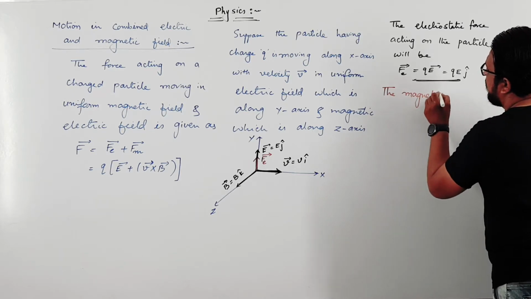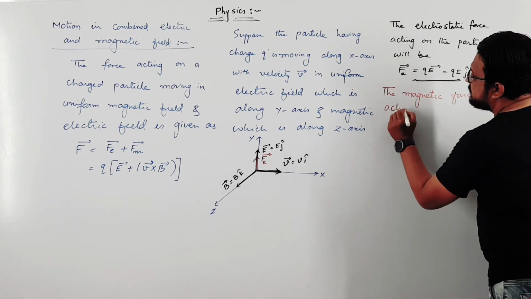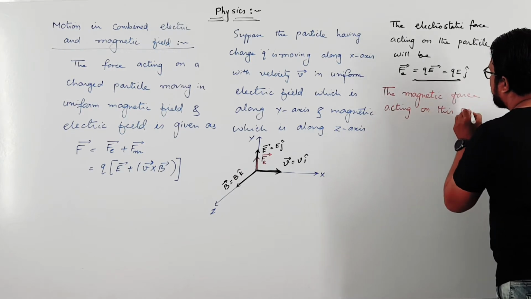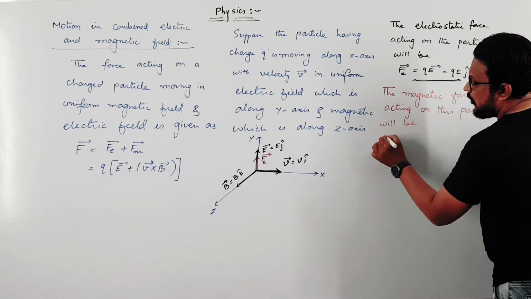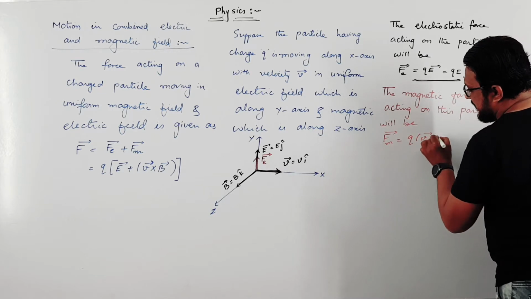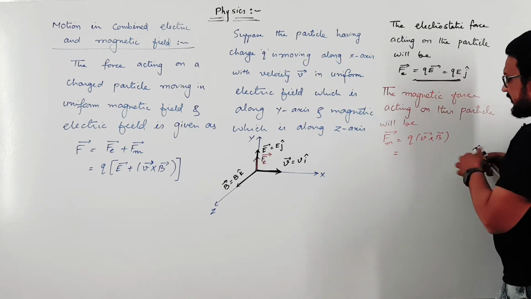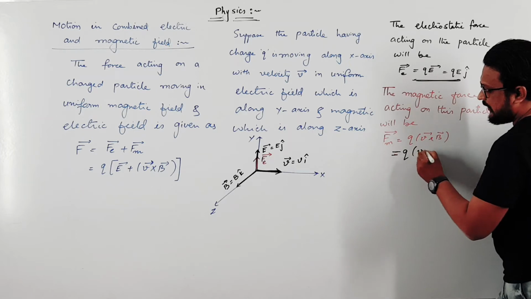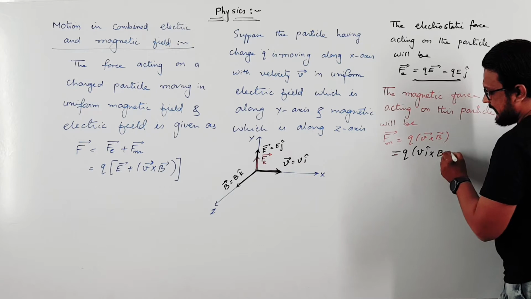Now the magnetic force acting on this particle will be, the formula for magnetic force is Fm equal to Q into V cross B. So this is equal to Q into V, V is along the x-axis, so i cap cross B k cap.